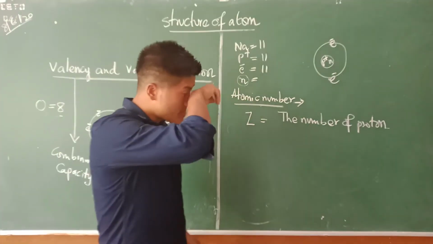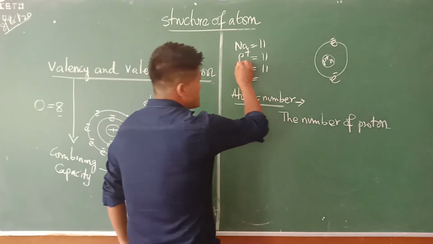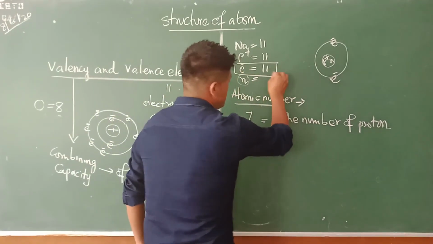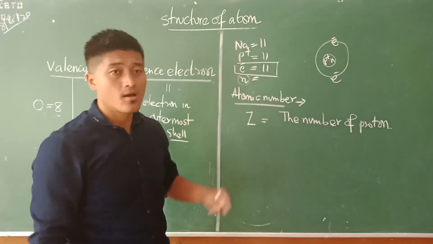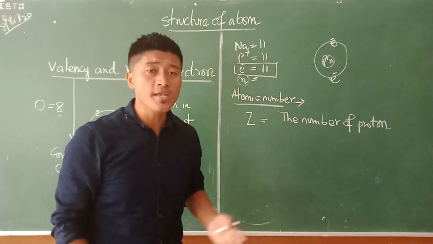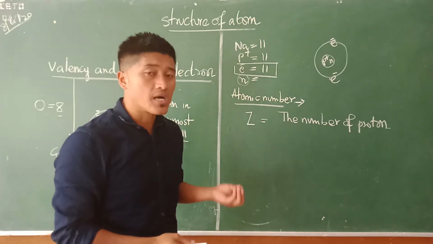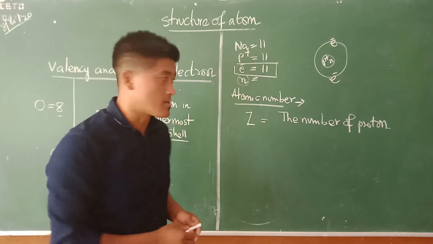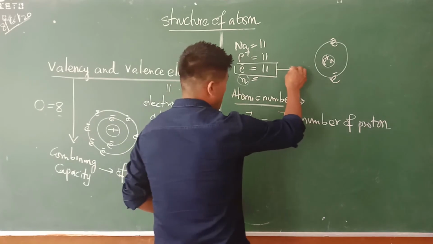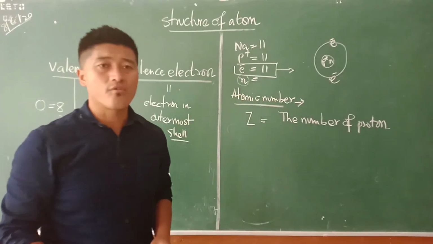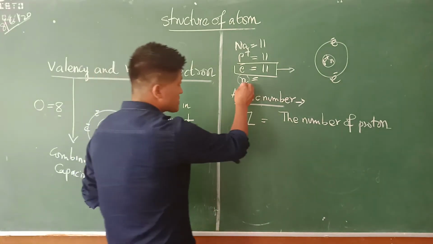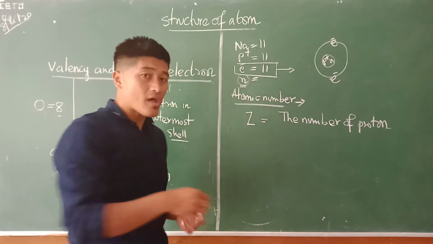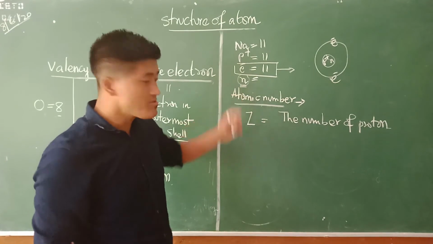So now let's imagine, as I had already mentioned, that the electron is not making any contribution to the mass of an atom. Is that clear? The mass of the electron is very negligible, so we don't consider it. But if you look at the neutron here, it does not have any charge, but it has some amount of mass.